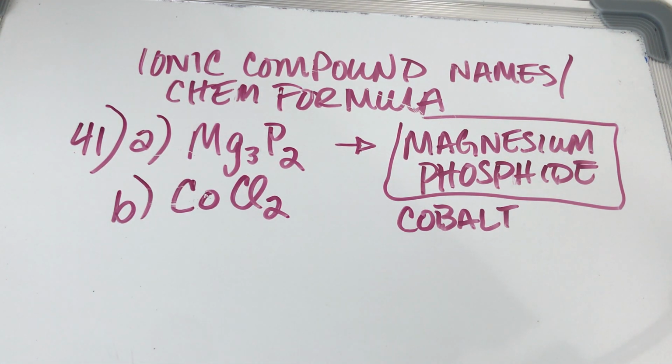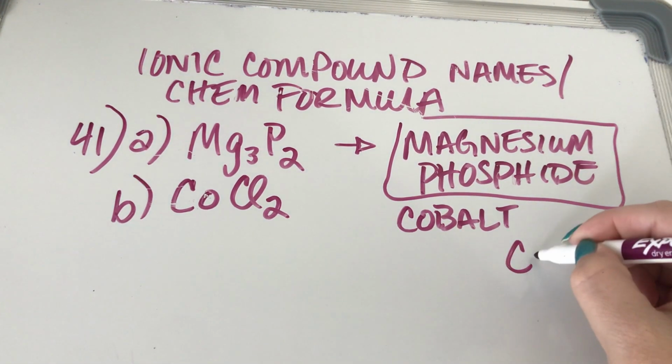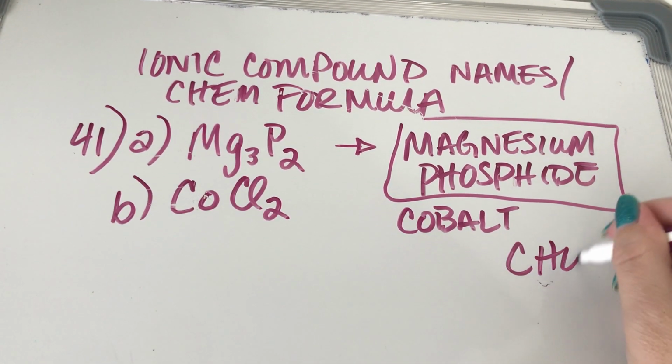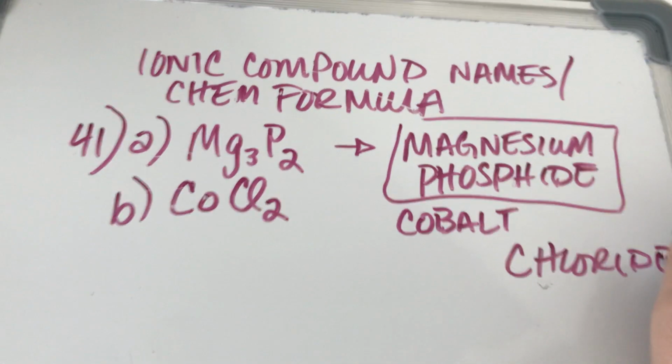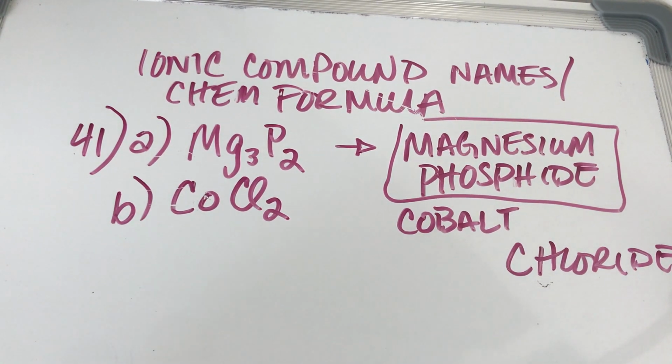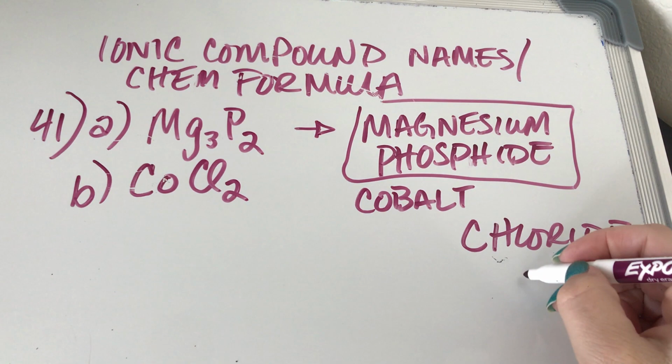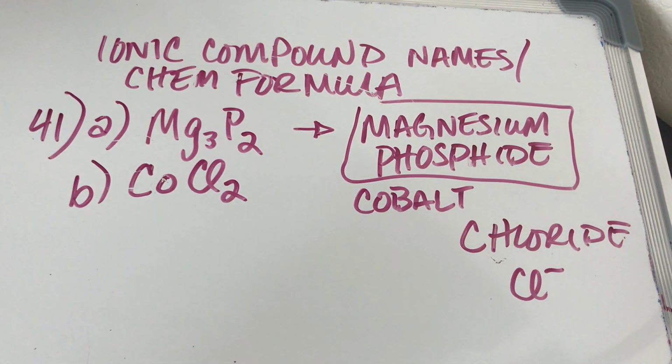So let's talk about how to figure that out. But before we do that, what's the name of our anion? Chloride. And what's the charge on chloride? -1. And how many of them do you have? 2, sorry.